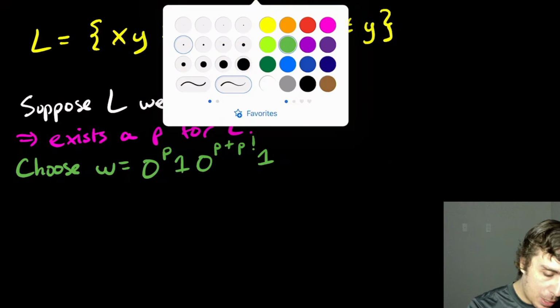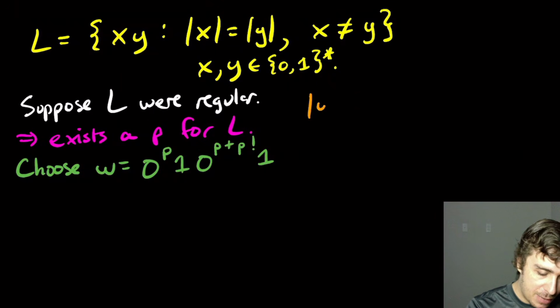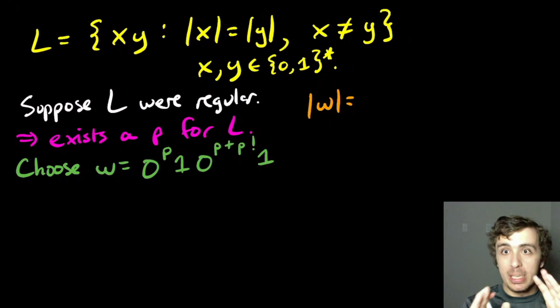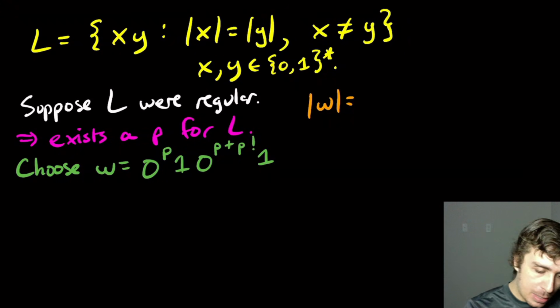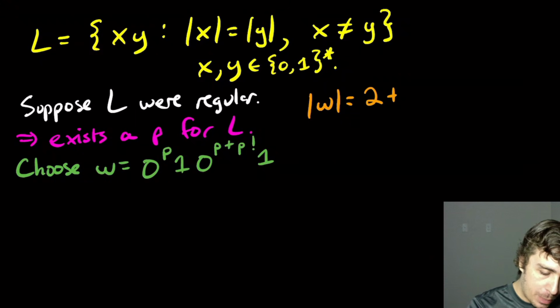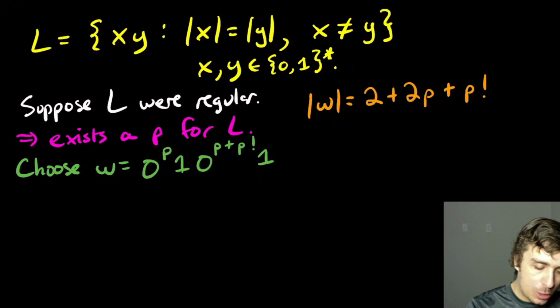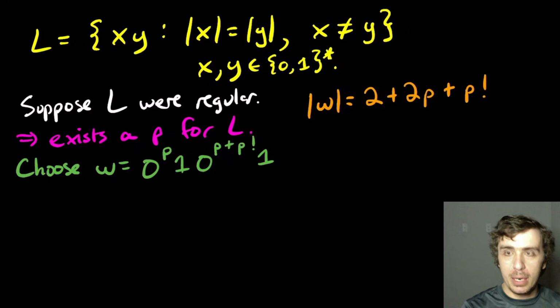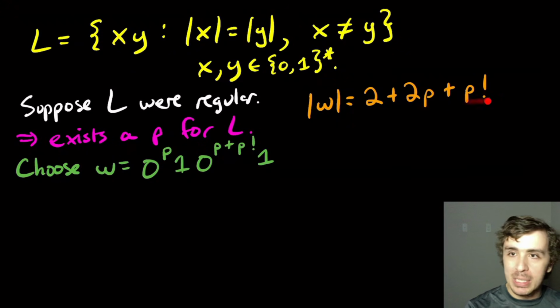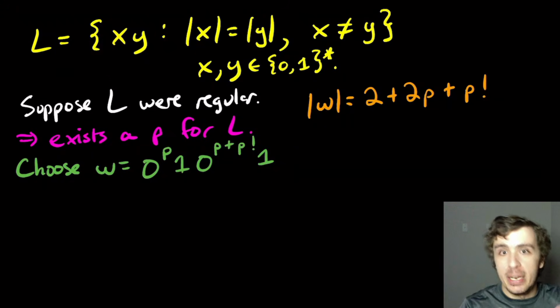Let's actually calculate the length of the string w, just to make sure that it actually is even. Well, we have two ones here, so that's going to be 2 plus 2p plus p factorial, because we have two p's and a single p factorial there. So as long as p is at least 2, this number is even, and that's good.